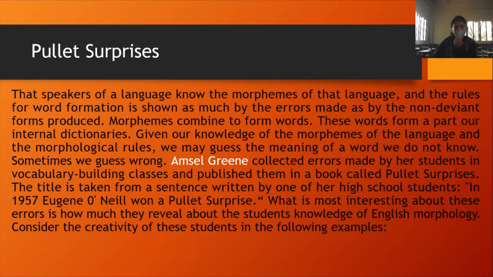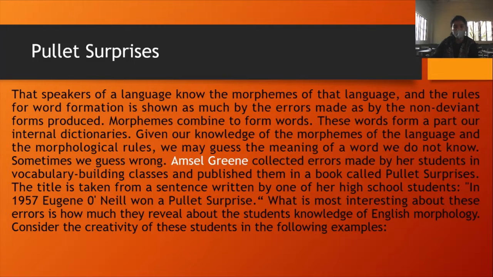Anne Green collected errors made by her students in vocabulary building classes and published them in a book called Pulitzer Prizes. The title is taken from a sentence written by one of her high school students: In 1957, Eugene O'Neill won a Pulitzer Prize. What is most interesting about these errors is how much they reveal about the students' knowledge of English morphology.